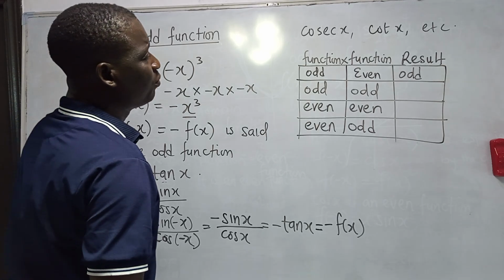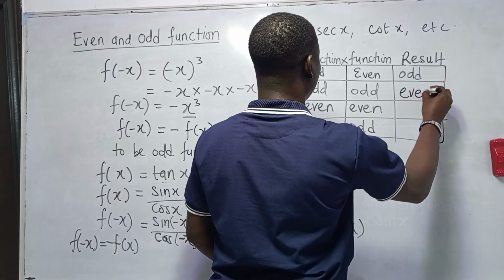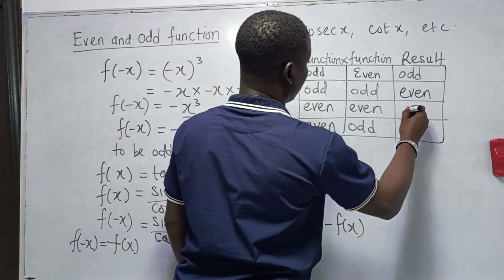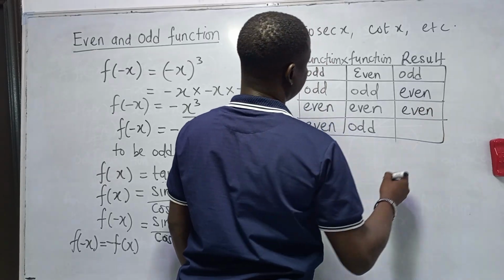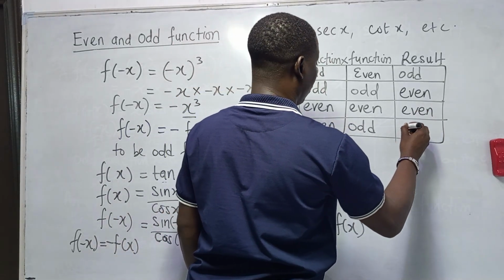Then odd function multiplied by odd will give us an even function. Then even multiplied by even will give us even.